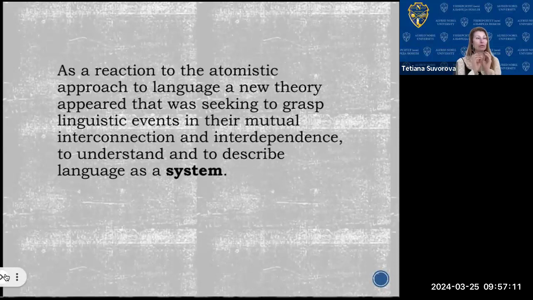And now within the atomistic approach, within the structural approach, we can speak about not just that we compare the formal characteristics, that some words are declinable, others are indeclinable.